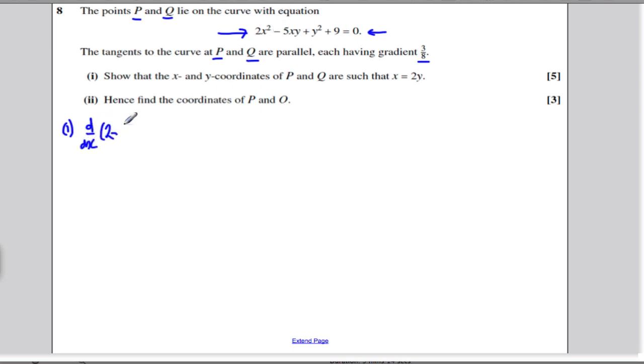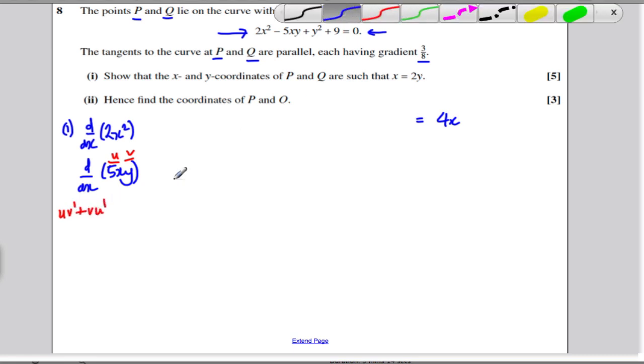Firstly, differentiate the 2x squared with respect to x. You should get 4x. Then differentiate the 5xy with respect to x. Think of it like a product rule where 5x is u and v is y, and the product rule says that if you differentiate uv, it's u v dash plus v u dash.